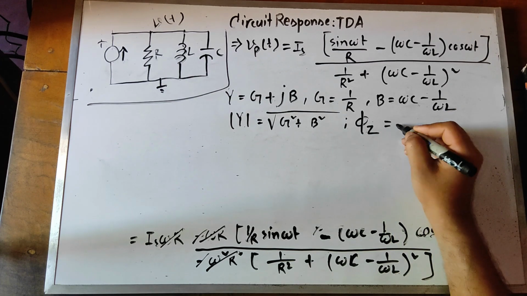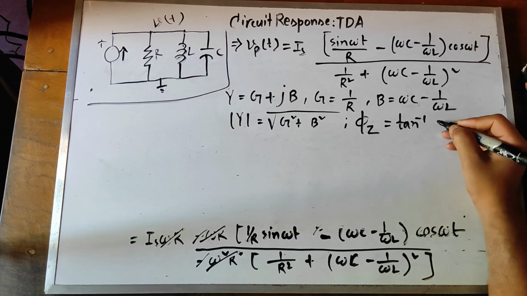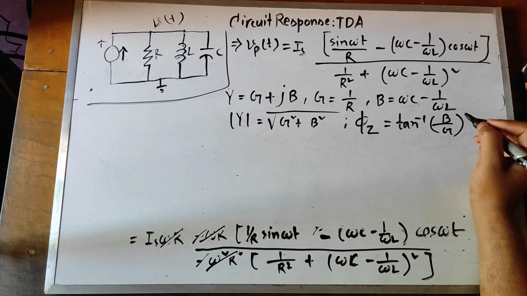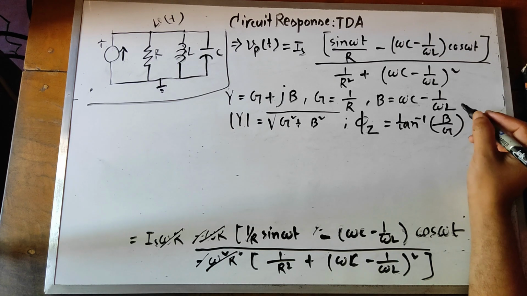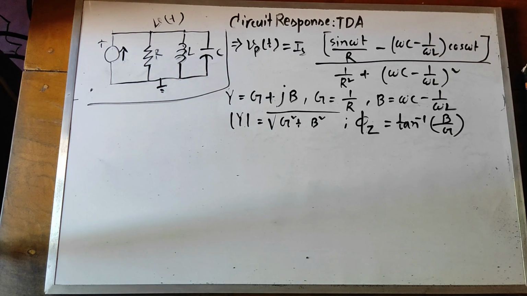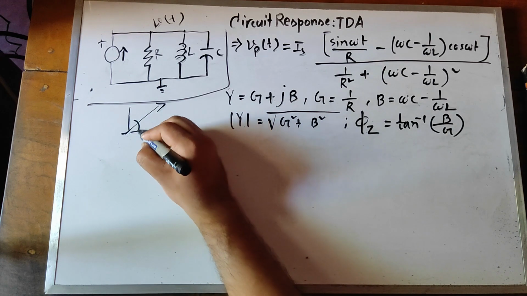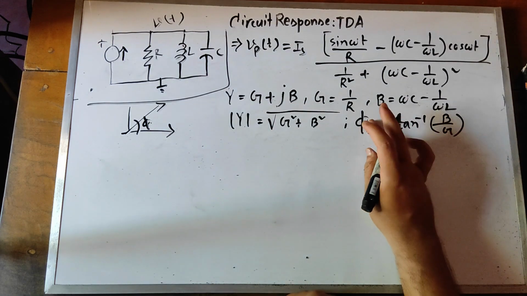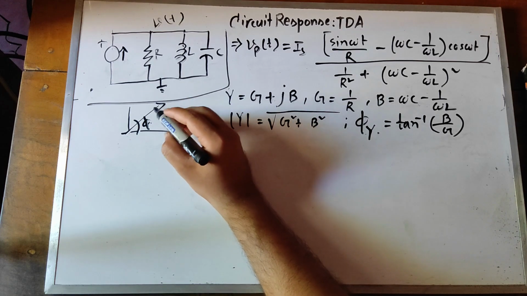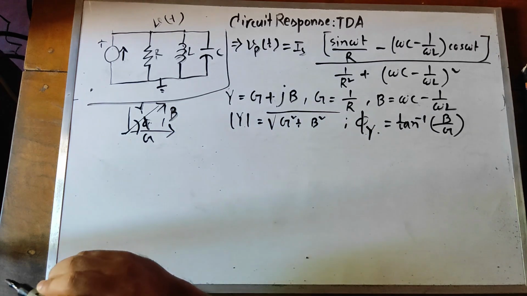The angle is tan inverse B by G. So this is basically phi. Let me write this phi Y. Okay, admittance angle. So this is Y, this is B, and this is G.